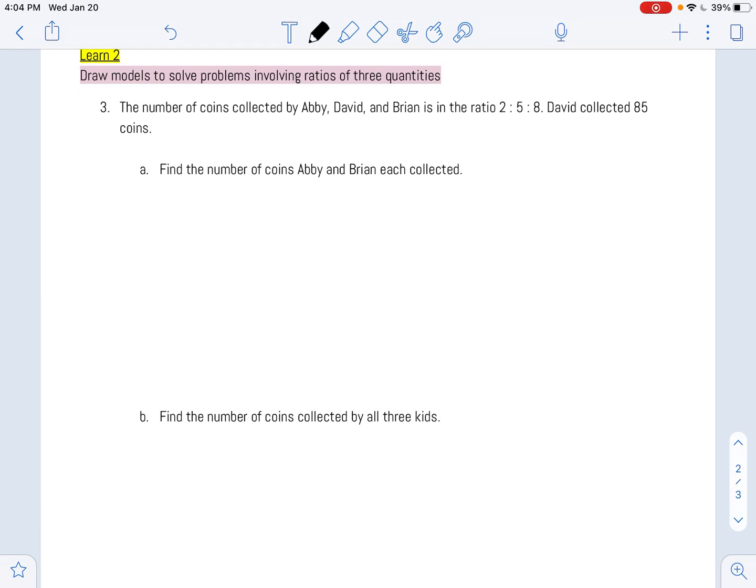Let's start by drawing our picture for Abby, David, and Brian. So Abby has 2 units. David has 5 units.